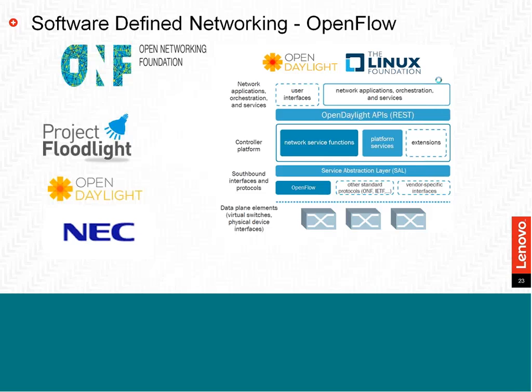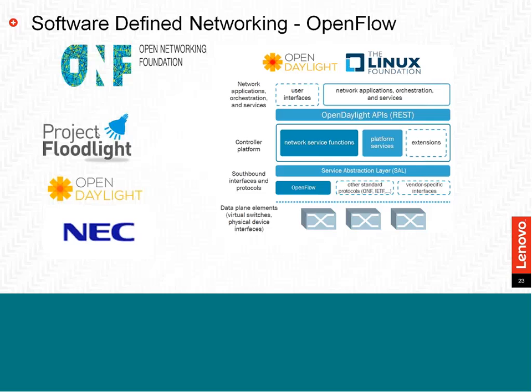NEC is another company that makes a very popular OpenFlow controller. But again, with this, I can't use my typical layer 2 or layer 3 switch. I have to have a switch that supports OpenFlow. So it's a little more complicated. It's more of replacing my network infrastructure with something that can support OpenFlow.